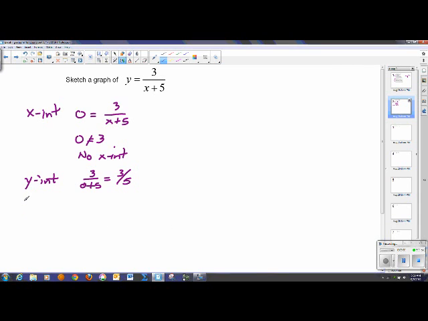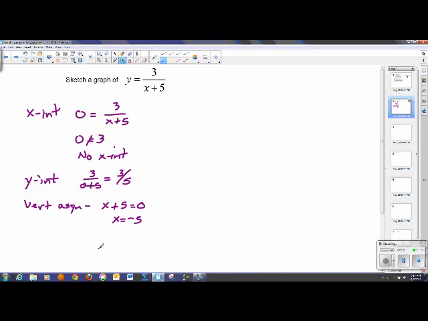A vertical asymptote, we're going to set our denominator equal to 0. So in this case, our denominator is x plus 5. Set that equal to 0. We get x equals -5.